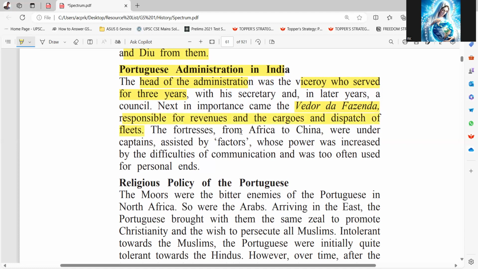The fortresses from Africa to China were under captains assisted by factors, whose power was increased by the difficulties of communication and was too often used for personal ends.